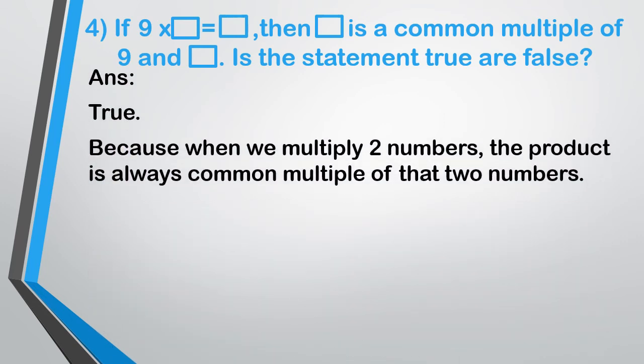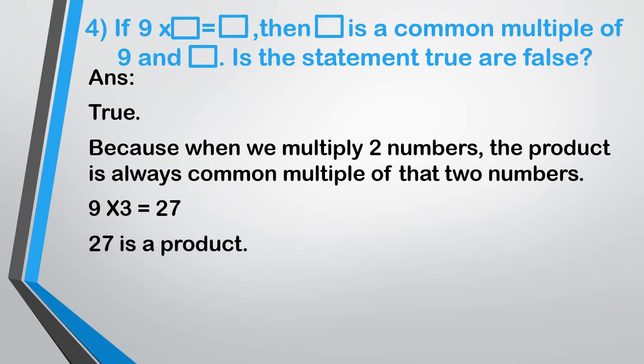Because when we multiply two numbers, the product is always a common multiple of the two numbers. See one example, 9 into 3. Here I take 3. So 9 3s are 27.